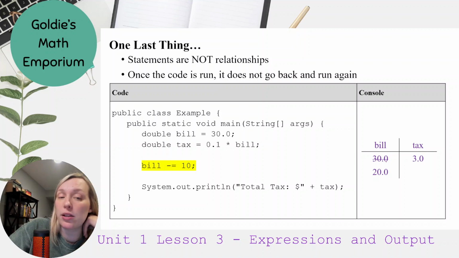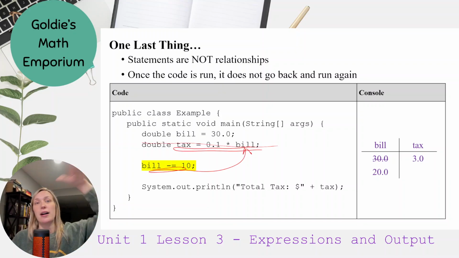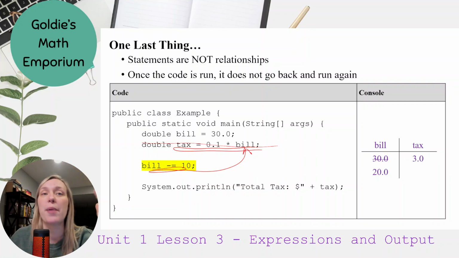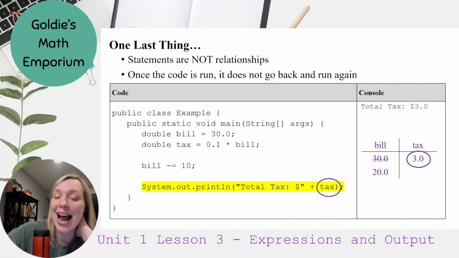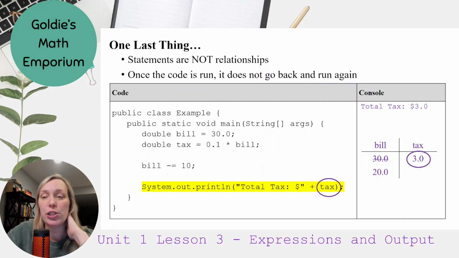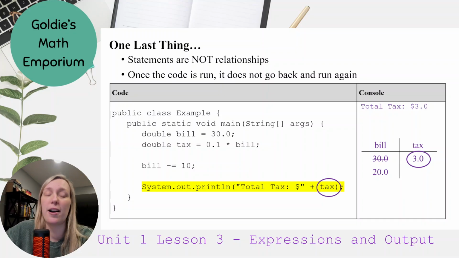Just because the bill changed here doesn't mean I go back up and the tax changes. Okay, this code has already run its course. It's done. I don't go back and change that. Okay, so when I print off the total tax, it prints off what is currently stored in tax, which is $3, 3.0.